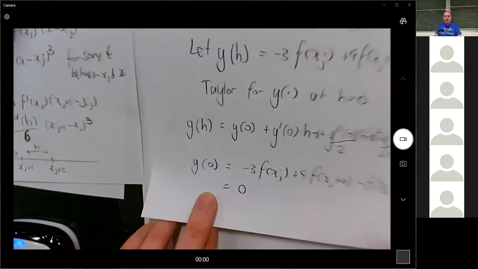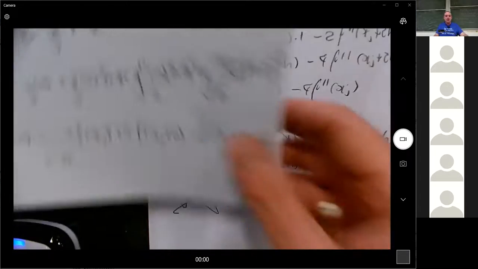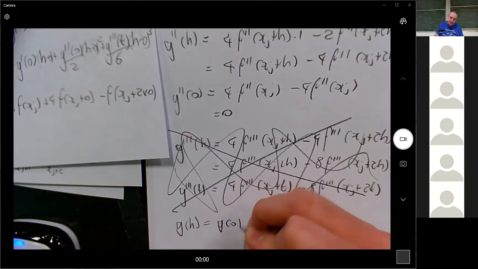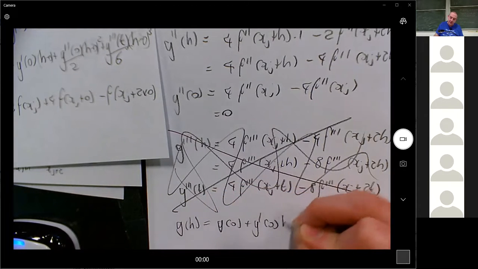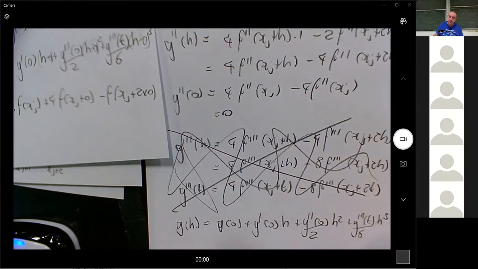Yep, here it is. This is my g of h. And so I'm going to sub them all in. So g of h was g of 0 plus g dashed of 0 h plus g double dashed of 0 on 2 times h squared plus g triple dashed of t on 6 h cubed.